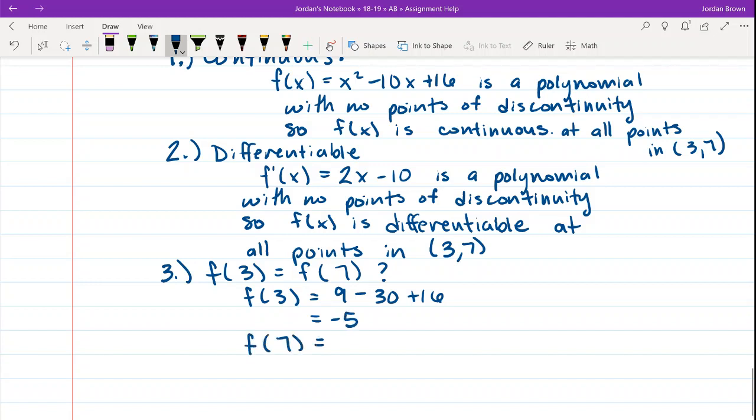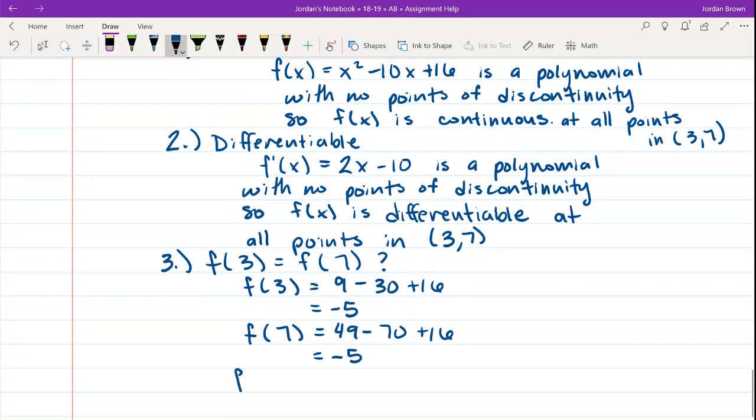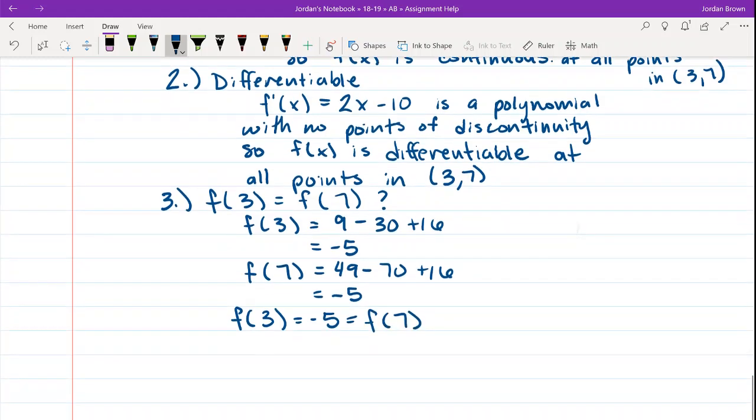And f of 7 is 49 minus 70 plus 16. 49 plus 16 is 65, and negative 70 gives us negative 5 again. So f of 3 equals negative 5 is equal to f of 7.